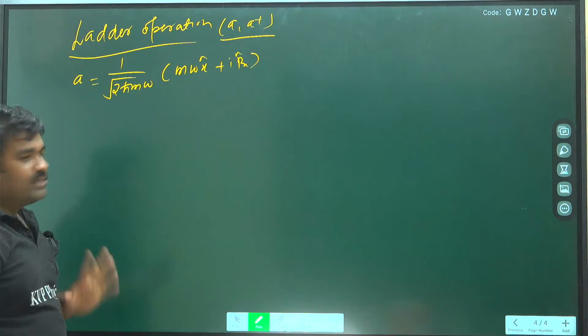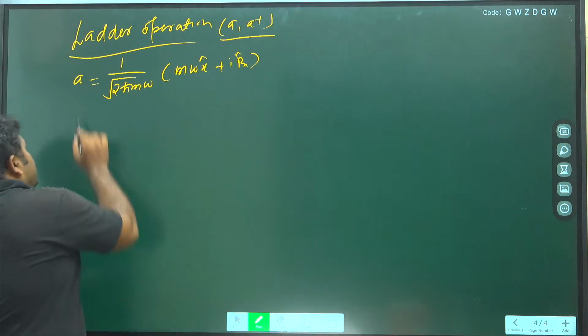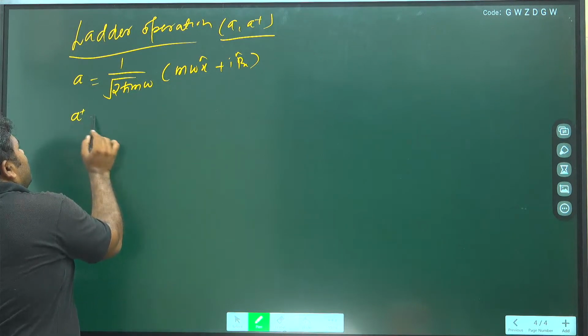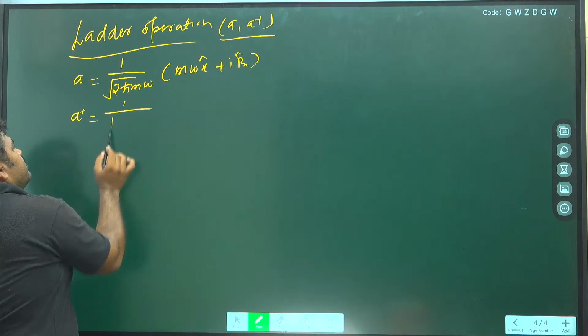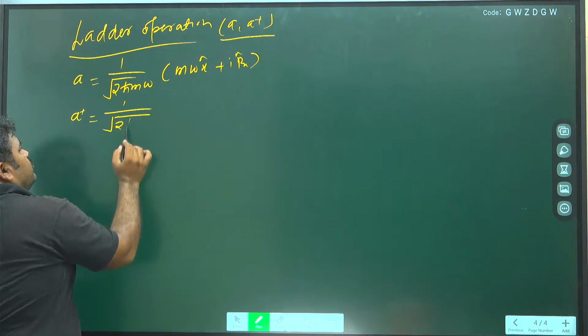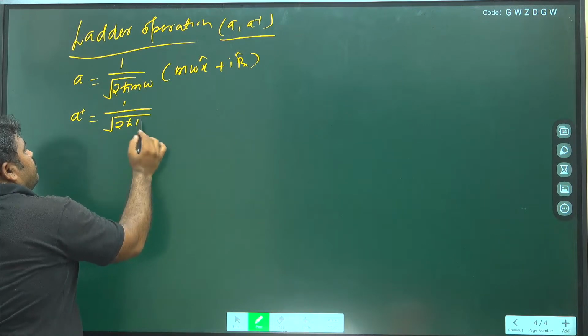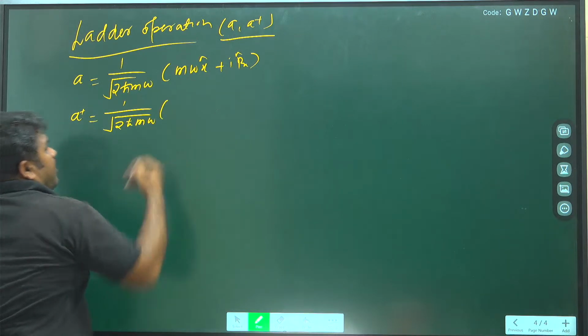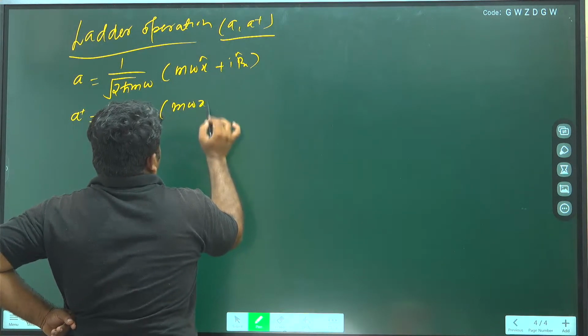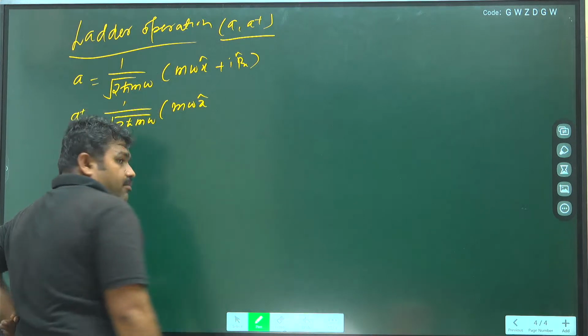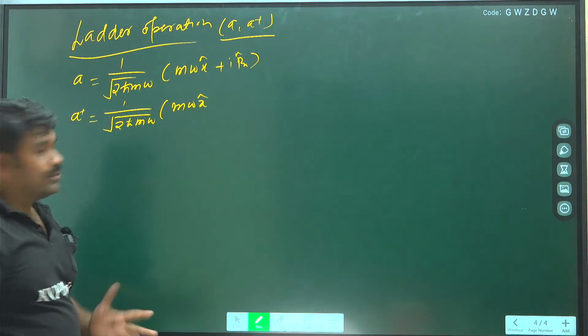Okay, and what is the value of the creation operator? We can say this is A dagger. Again the first part will be the same: 1 upon under root 2 h cross m omega. Inside the bracket m omega x cap, and i is replaced by minus i, since we take the complex conjugate.